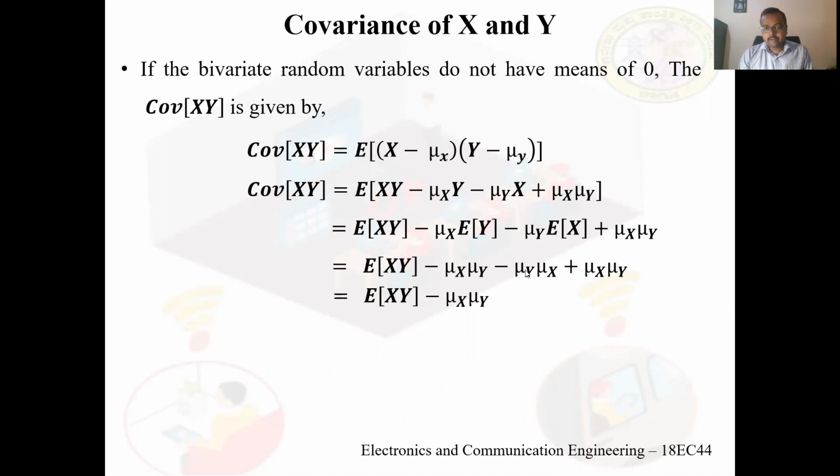E of x is nothing but mu of x, plus mu x mu y. Now just by looking at this one, what we have? Mu x mu y, mu x mu y. So these two get cancelled. So what we have? The covariance of xy is equal to expectation of xy minus mean of x multiplied by mean of y. This is the definition for covariance of random variable x and y.